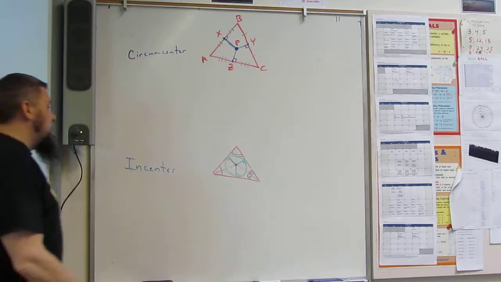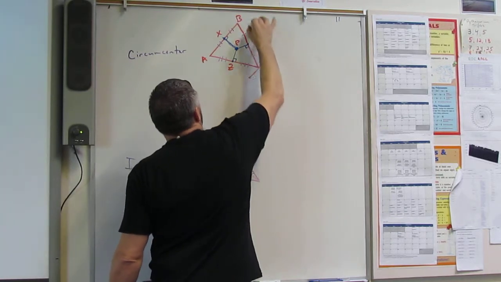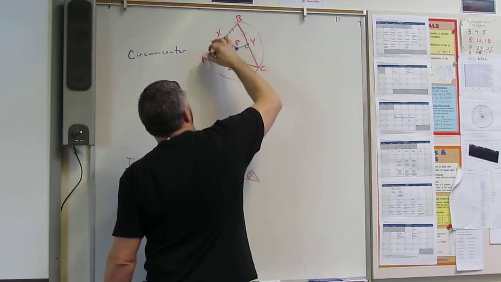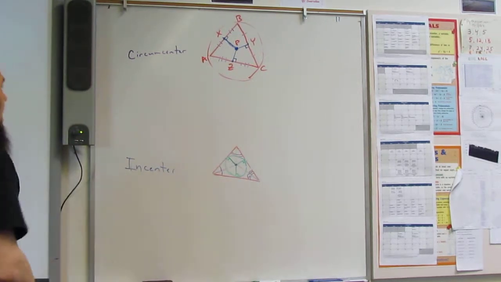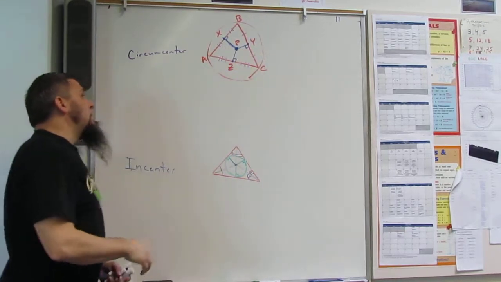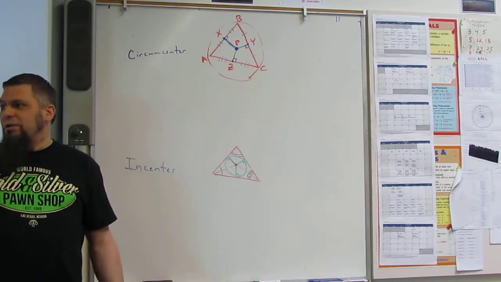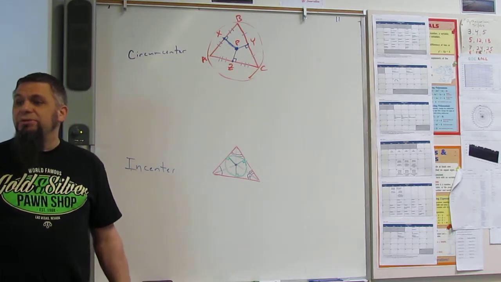Let's talk about what happens with a circumcenter. With a circumcenter, what we're doing is finding the circle of all the vertices of the triangle. And so the center of this circle is inside the triangle. Sometimes the circumcenter will be outside of the triangle, on an obtuse triangle.